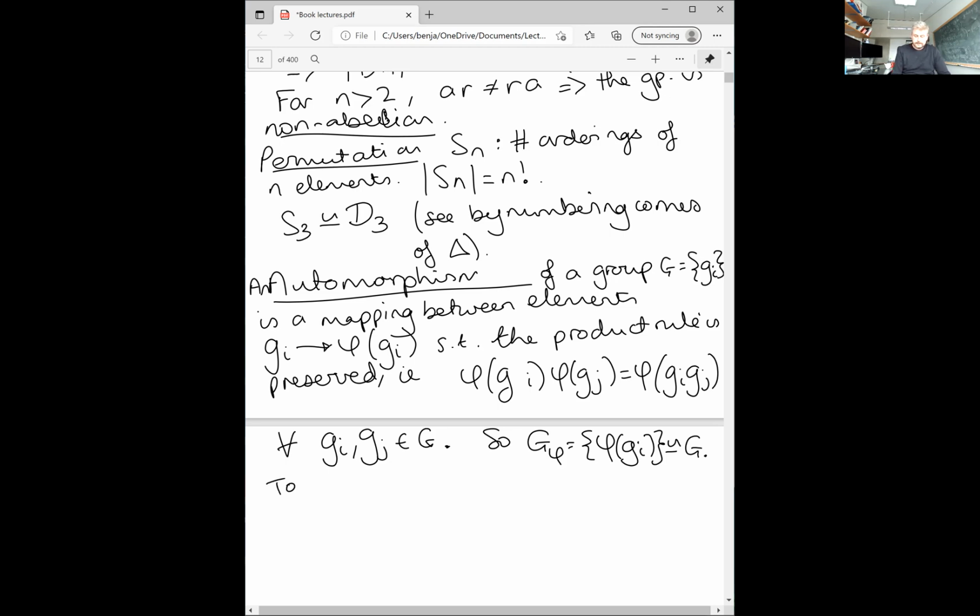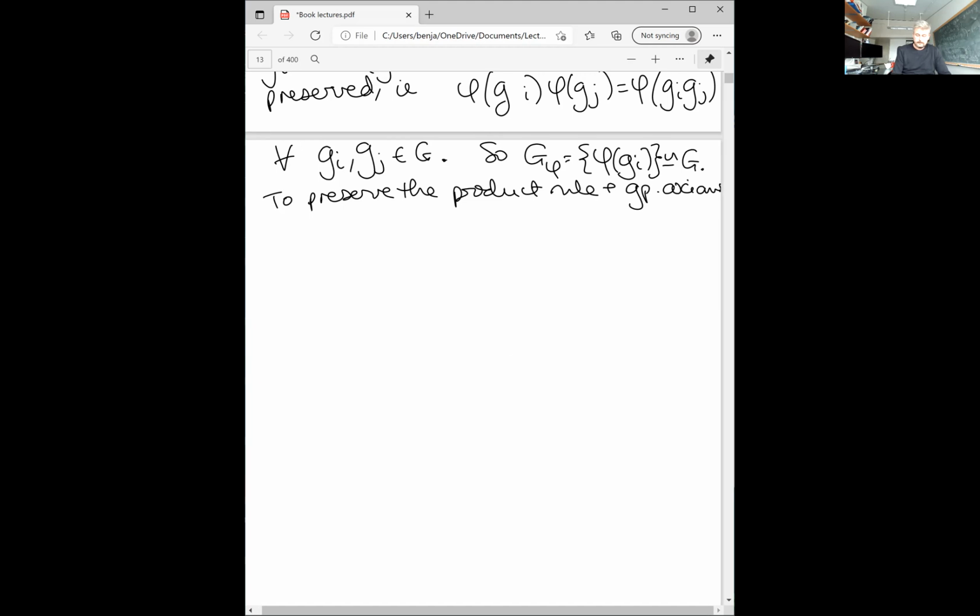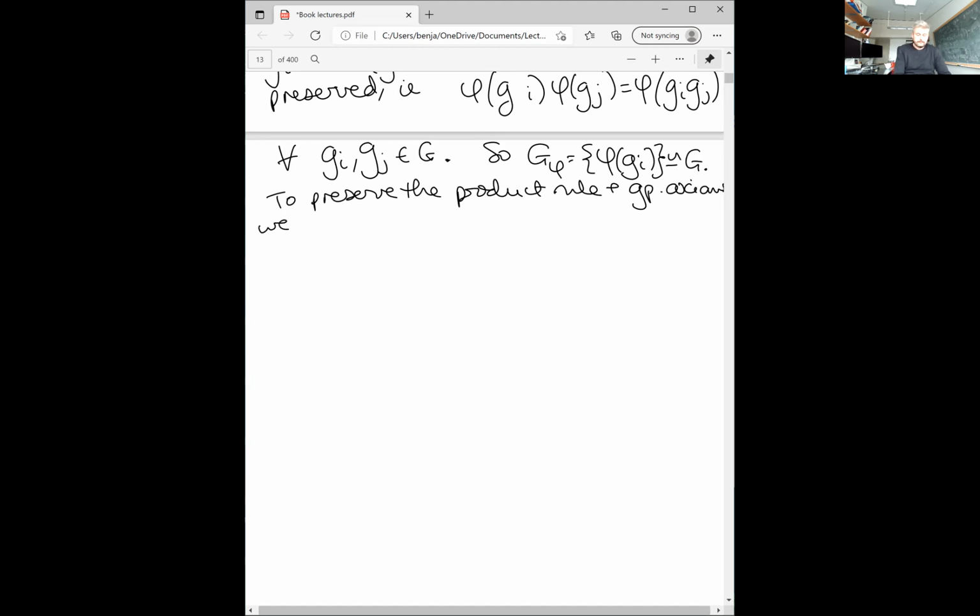So in order to preserve the product rule and the group axioms, we must have that the identity maps to itself and the inverse of a group element maps to the inverse of the element's image.